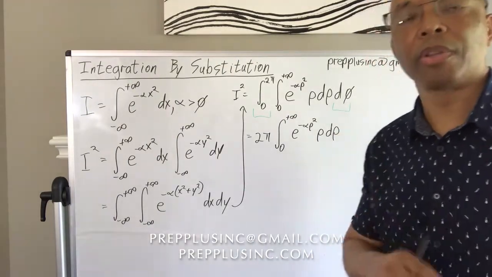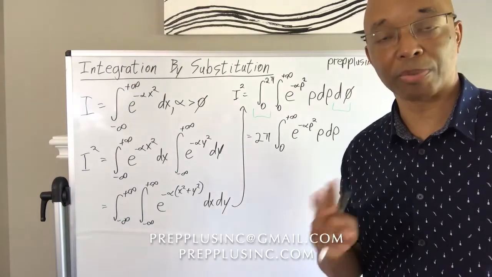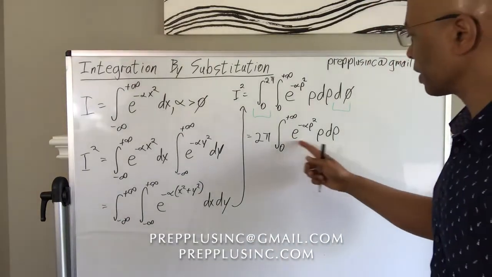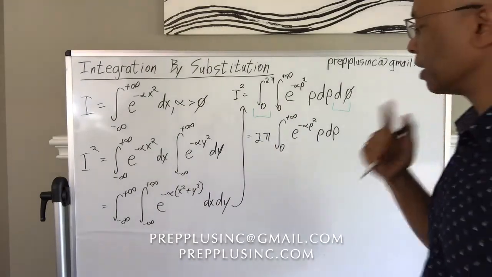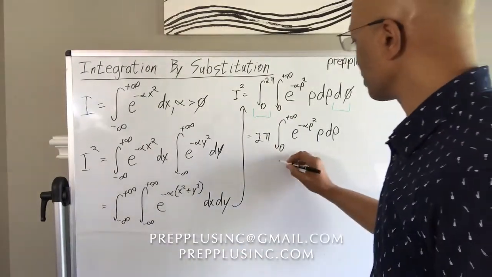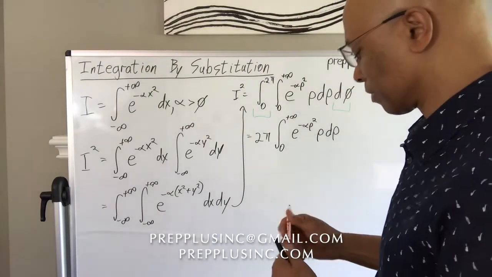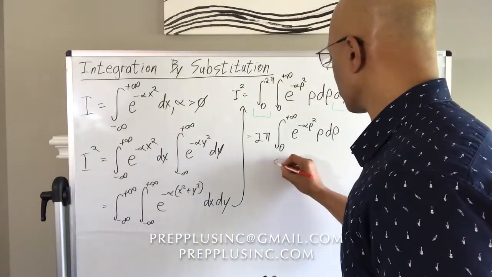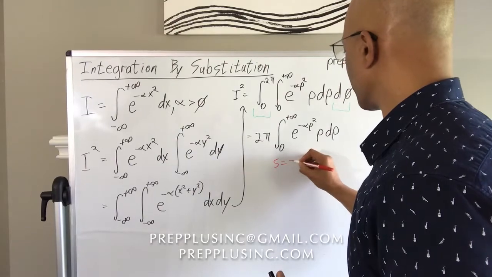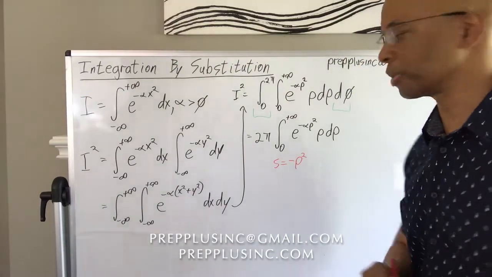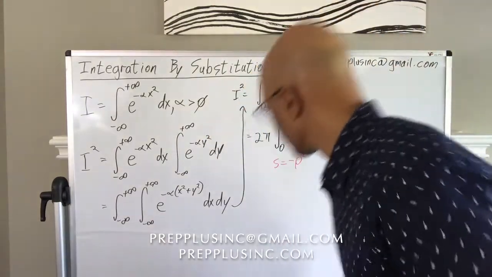So now this is where we do the calculus substitution bit. We look at this and say, all right, let's make the substitution s is minus rho squared. That's our substitution.